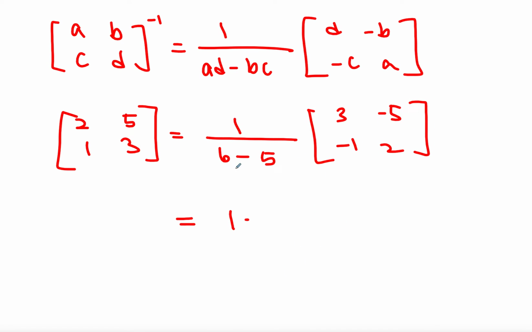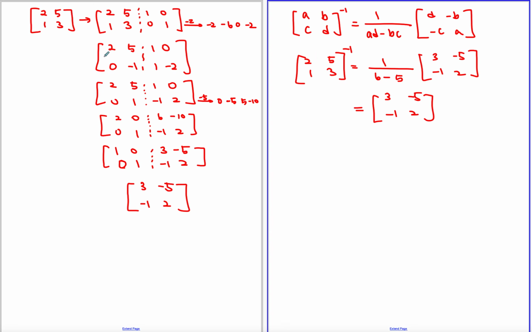When you multiply by 1, our answer is simply 3, -5, -1, and 2. And you can see that this was in fact the same matrix as our previous way.